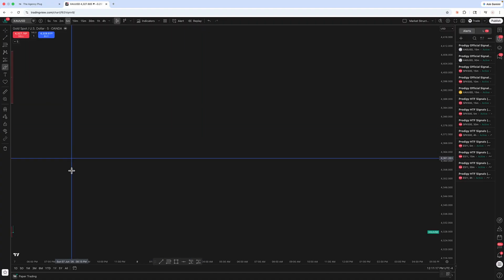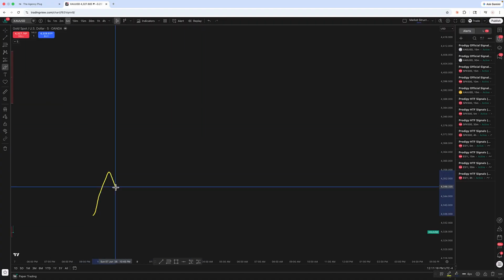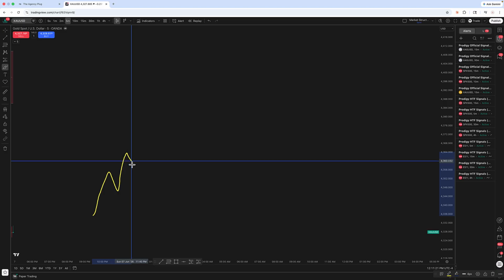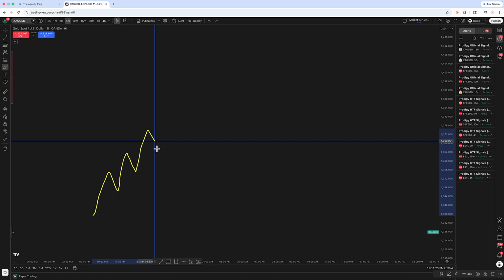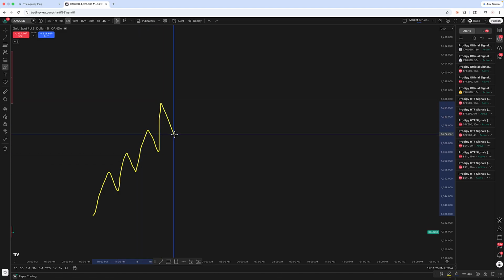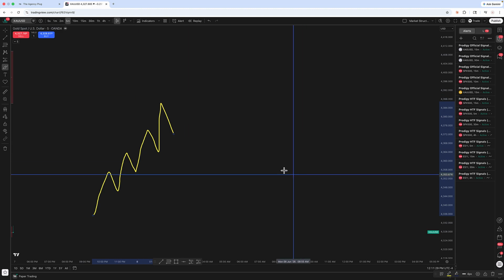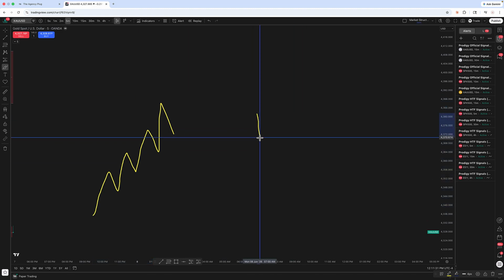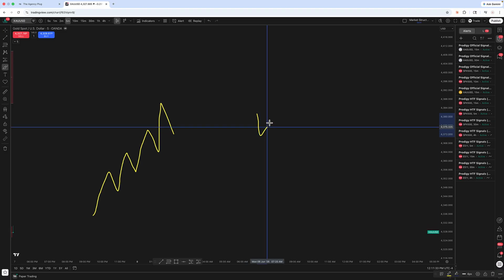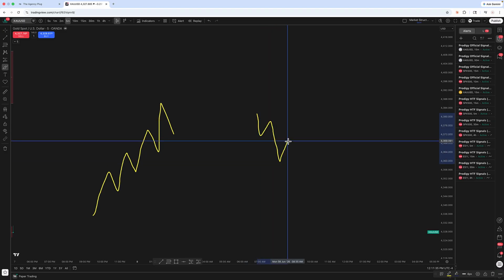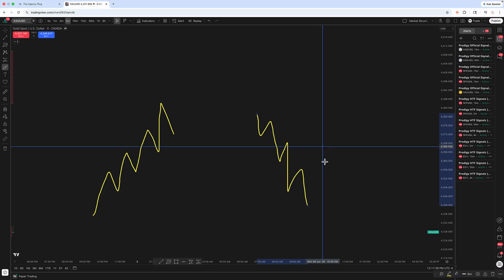The market is always going up, then down, and up, then down, and up, then down. That is called an uptrend, where we're looking for potential buys. Or the market's going down, then up, then down, then up. This is called a downtrend.